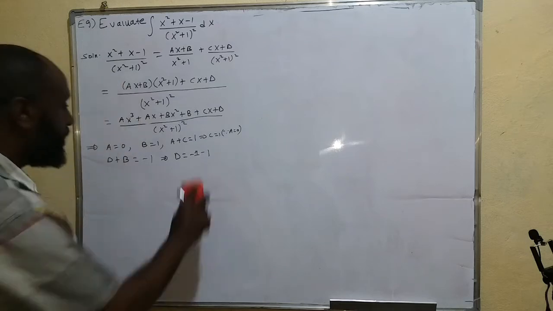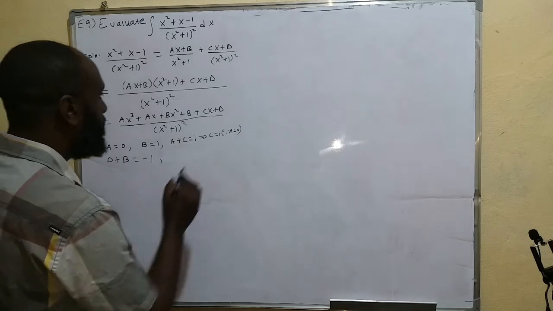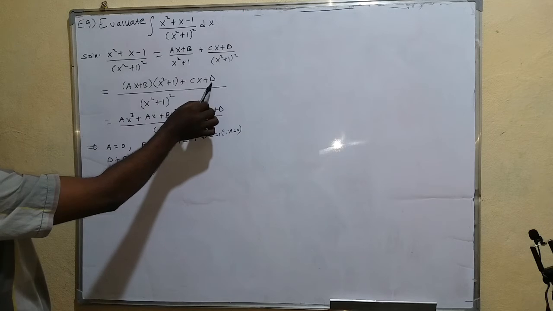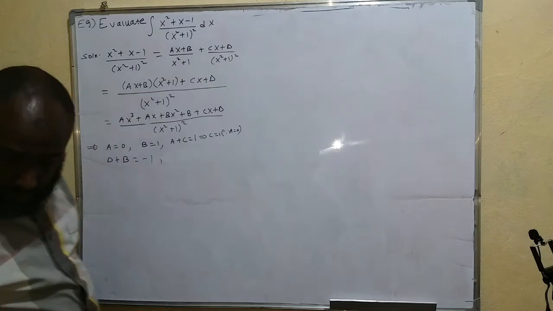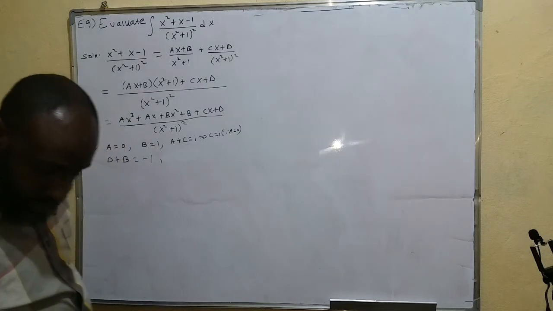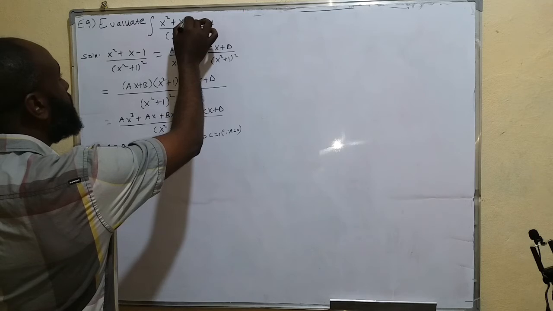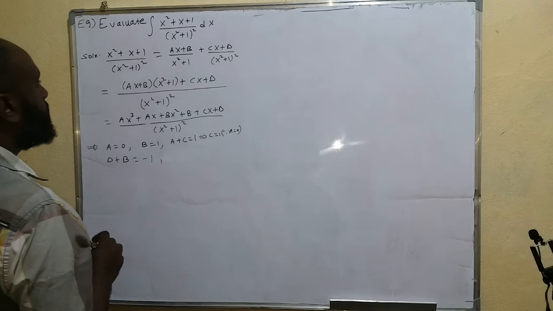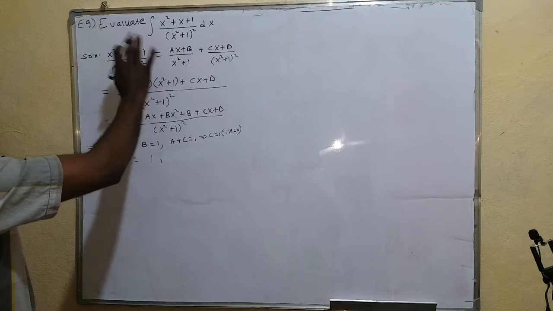Or simply, let's do it like this. Here, see this: b times 1 is b, and this is cx plus d, hence this is d and this is b. Sorry, the constant on the left is 1, it doesn't matter, so x squared plus x plus 1.